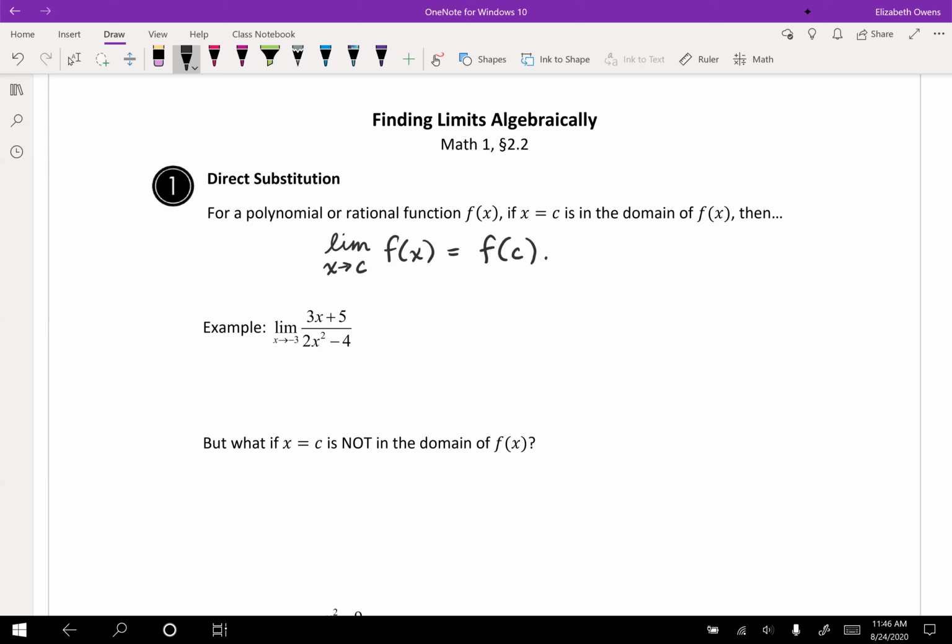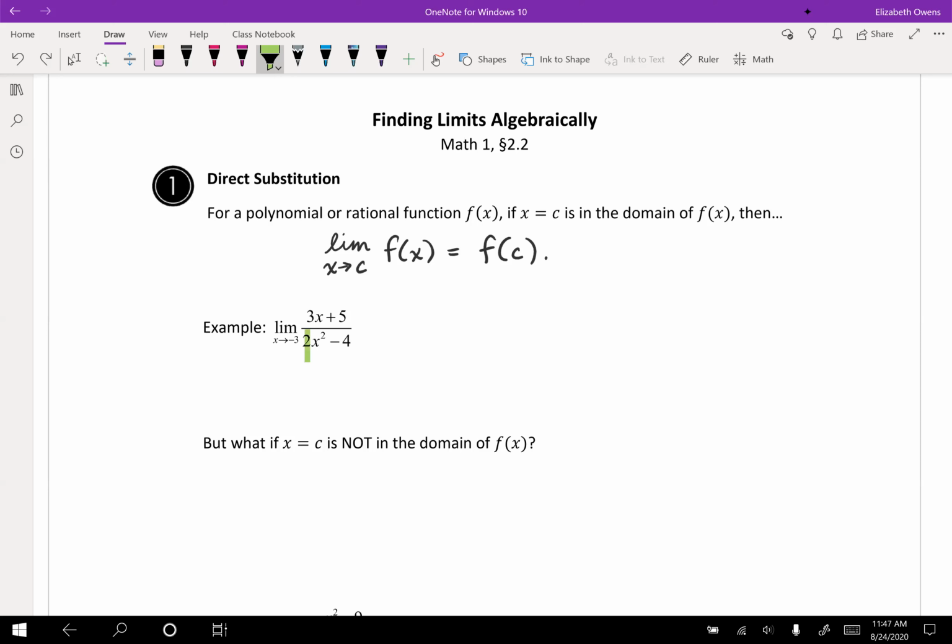So for example, we've got ourselves a nice little rational function here. Our f of x in this case is (3x plus 5) over (2x squared minus 4). And we are taking the limit as x approaches -3. Now, you'll notice that there are some places where this function would not be defined.